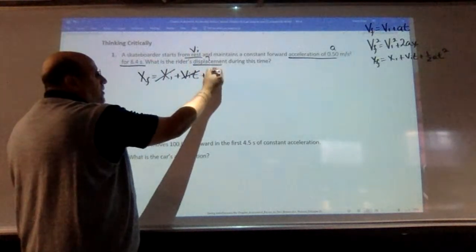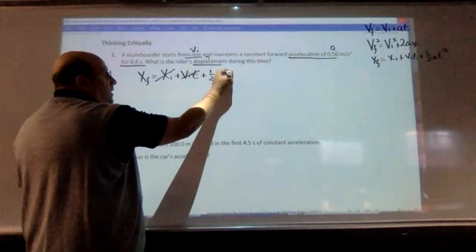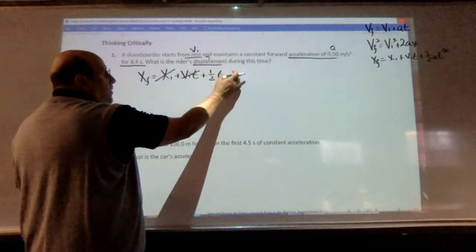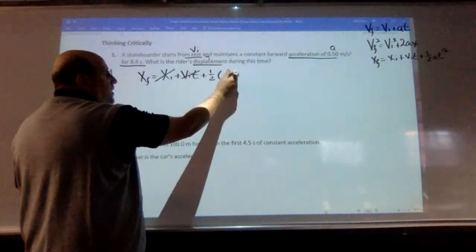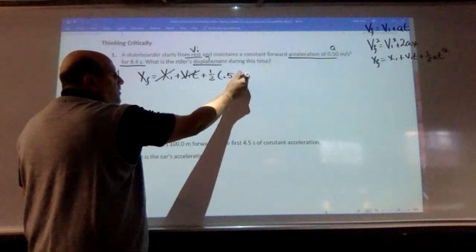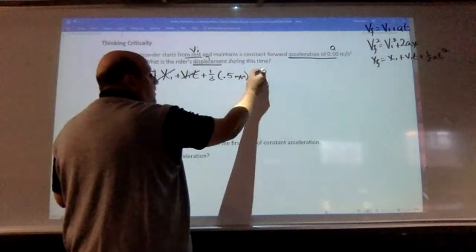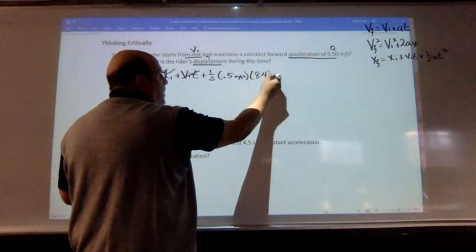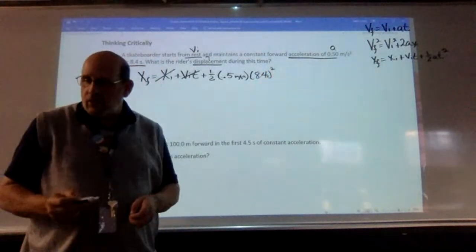So all I have to do is 1/2 times the acceleration, which is 5/10 meters a second squared, times the time squared. Okay, and you'll see what happens.